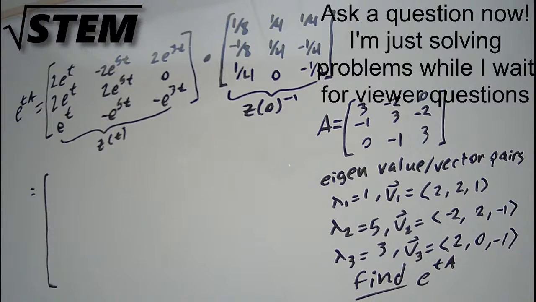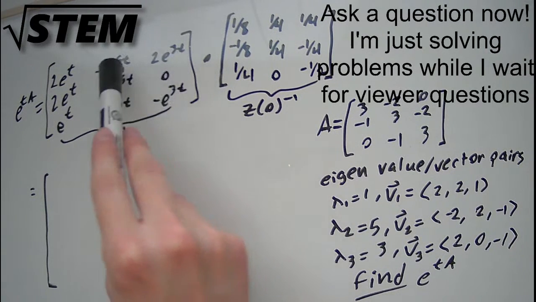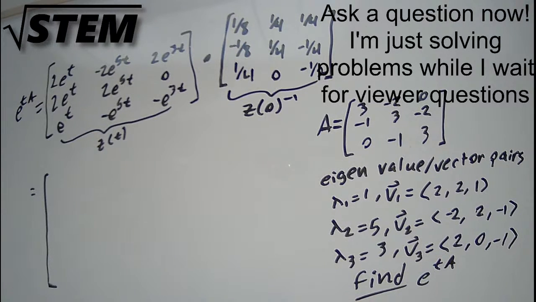Oh, this is going to be huge. I don't even know if I can write it all on this board, because every one of these 9 matrix entries is going to be a sum of 3 different exponential functions. Oh boy.